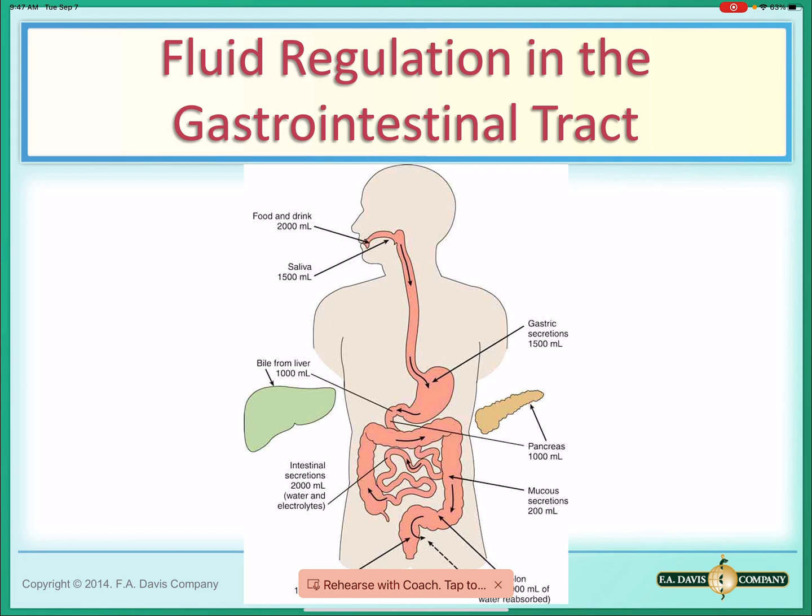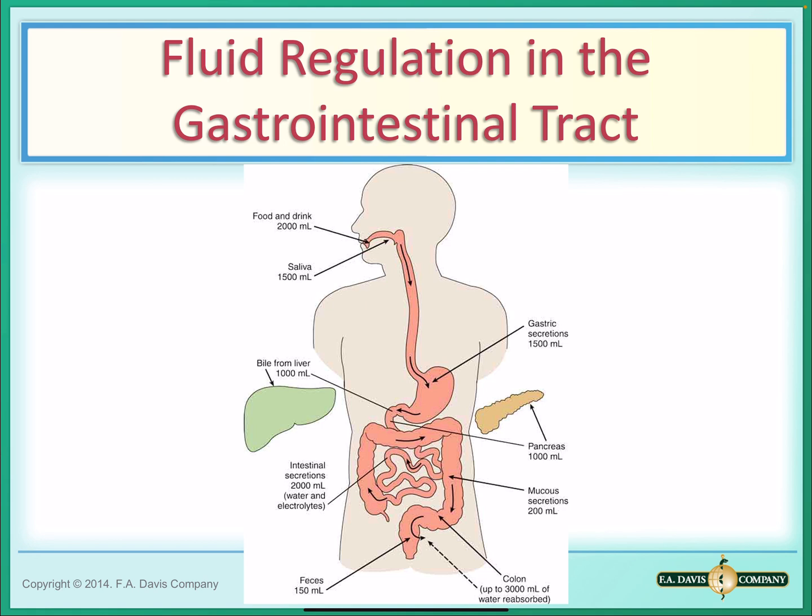Here in this picture, what you can see is the fluid regulation in the gastrointestinal tract. Approximately 9,000 milliliters of ingested fluid, saliva, gastric, liver, pancreatic, and intestinal secretions enter the digestive tract each day.